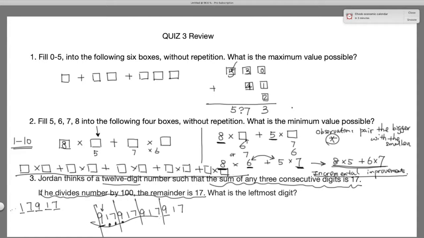And there are many similar questions like this. For example, what is the unit digit of 7 to the power 2019? What is the unit digit?